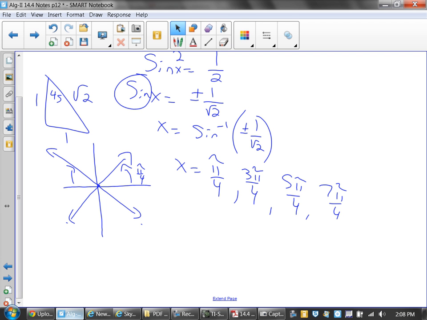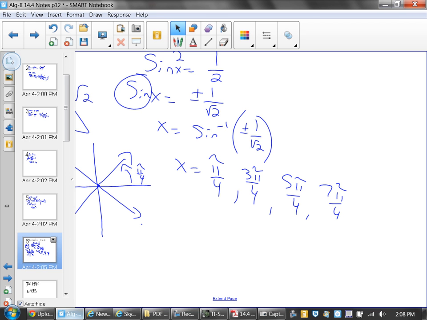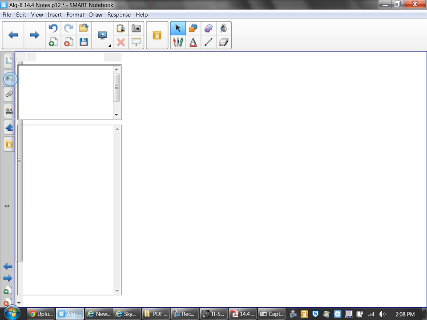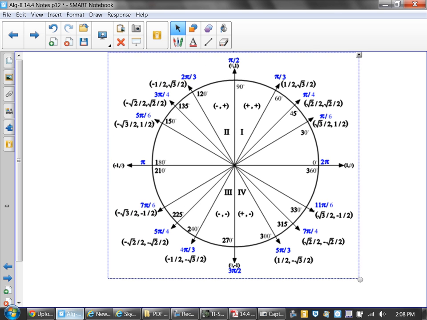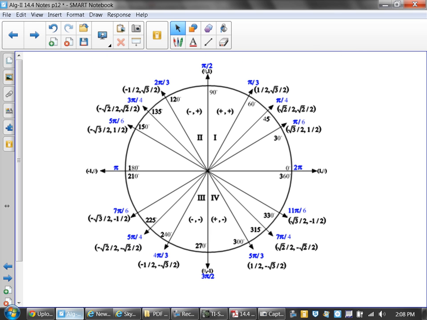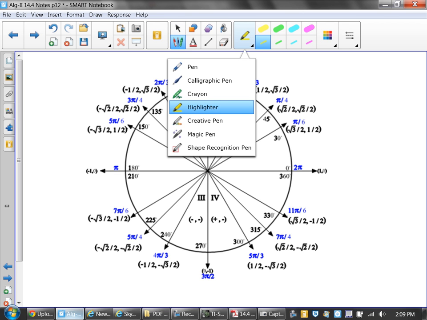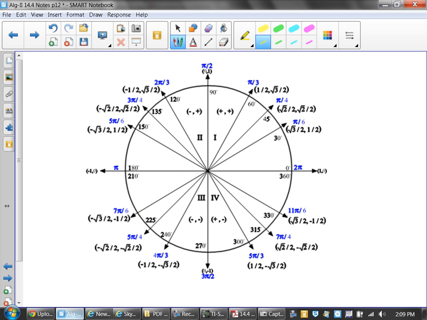Now, here's what it means in terms of a general solution. What you guys did is you worked with your solution set, and you found it within 1 revolution of your circle. You found 4 happy spots. Pi over 4, 3 pi over 4, 5 pi over 4, and 7 pi over 4.